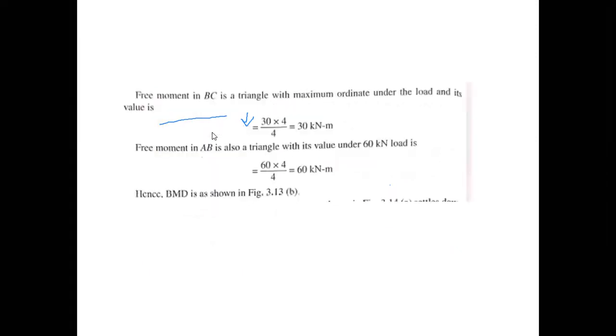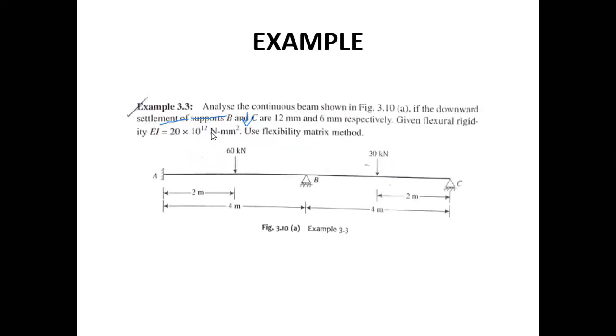Now the thing given in the question was the final displacement. See, in the question it was given that the supports B and C are showing a settlement of 12 mm and 6 mm.